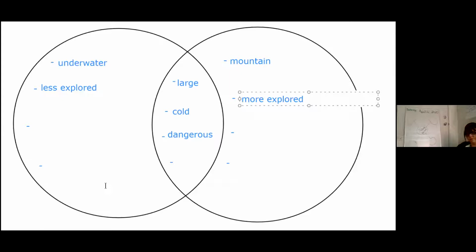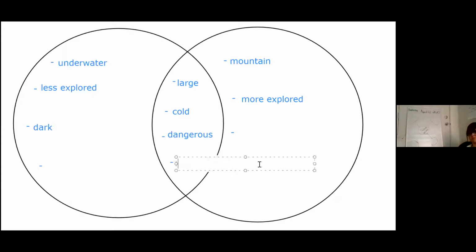Yeah. Okay. So here we go. We've got, this one's dark. It's very dark with the Mariana Trench. Does Mount Everest have pressure as well if you hike up? Yeah. It has very low air pressure. Yes. Okay, so both pressure.